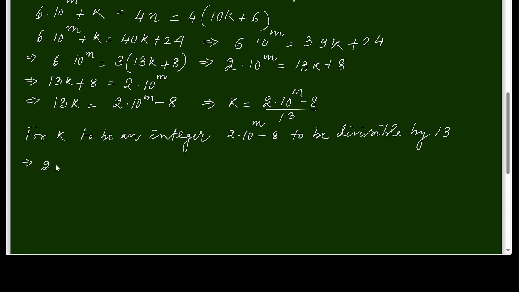Means 2 into 10 to the power m minus 8 must be congruent to 0 modulo 13.